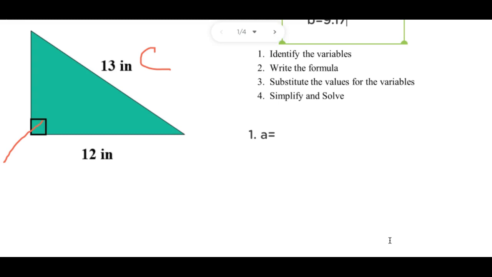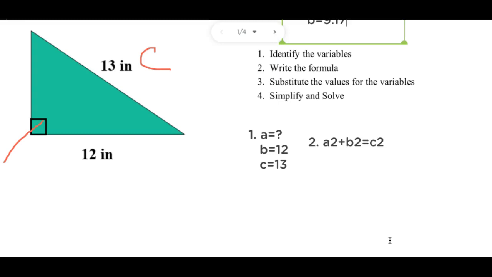B is 12, and C is 13. So there are my variables. Let's go to step 2. I'll write this next to it because I'm running out of space on the bottom. Write the formula: A squared plus B squared equals C squared.